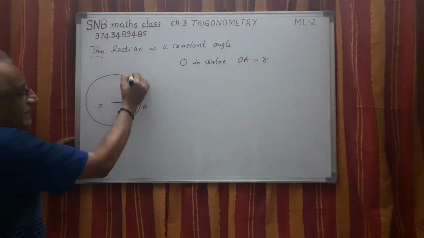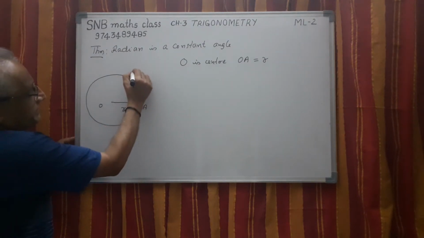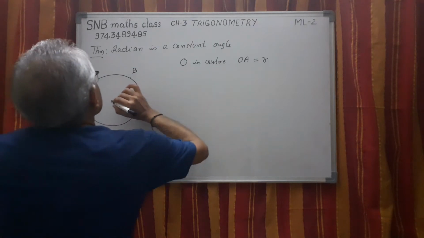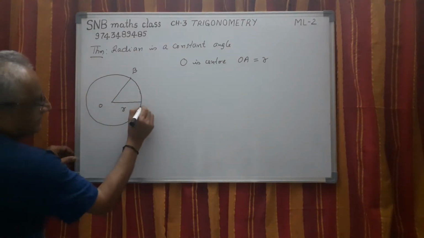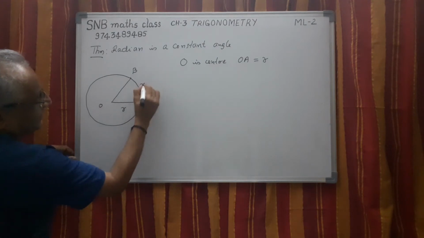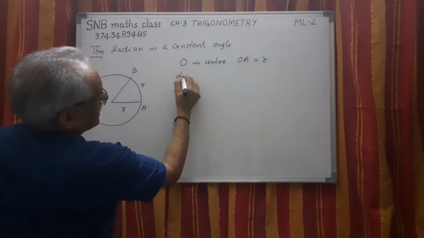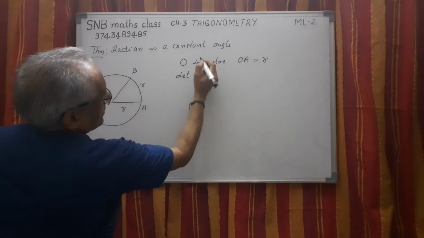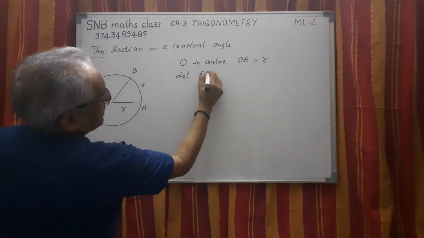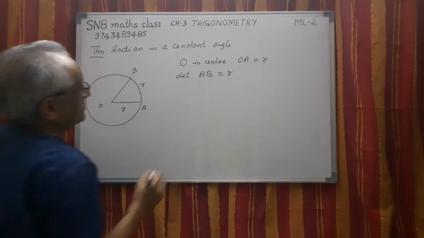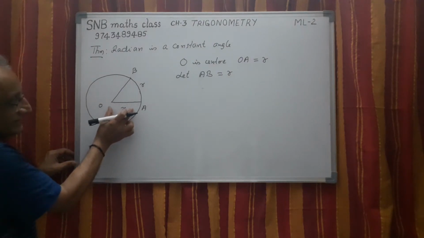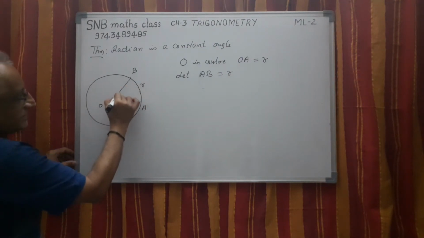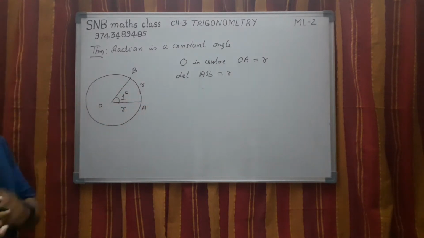Now let us take an arc here AB and join this OB such that this length is R. So AB arc also will be R. Then by definition, because radius is R, this is also R, means this is 1 radian. So this is the first thing.